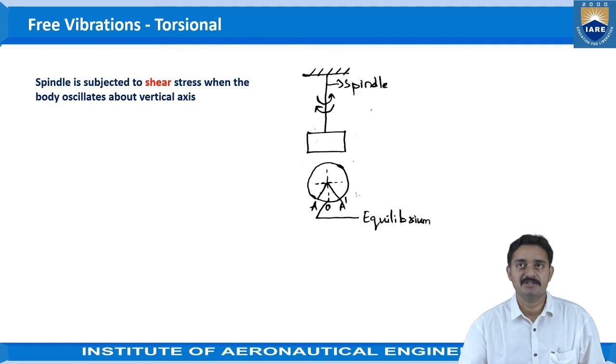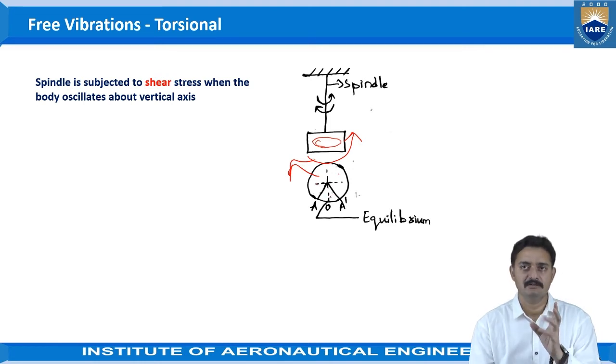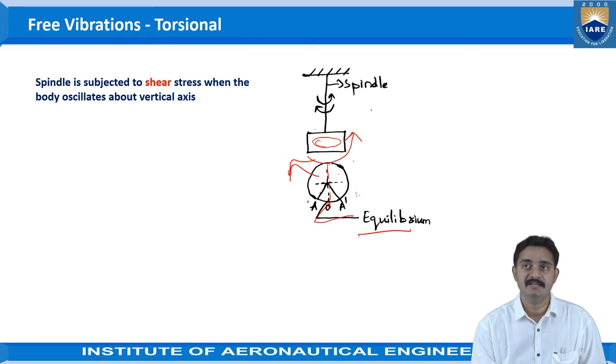Now coming to the torsional vibration, where this block or body is being twisted, rotated from the mean position. Let us say this is the top view of the bob, a small cylinder block plate, and this is the equilibrium mean position. It has been twisted or rotated to a certain extent until here and left behind.